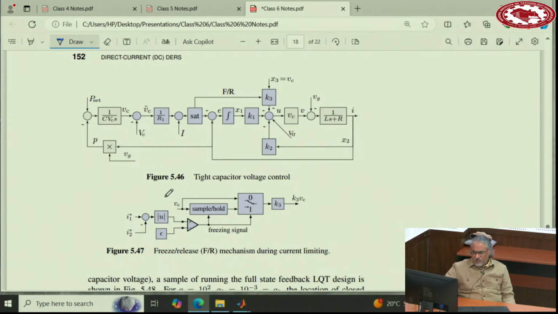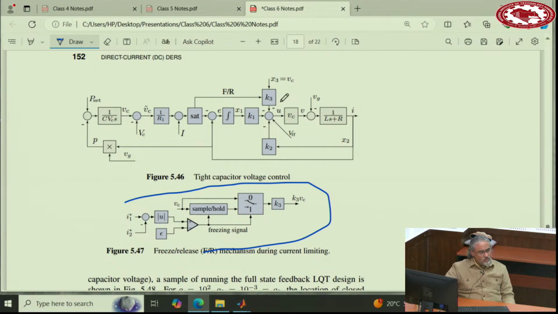Now I'm going to explain this diagram here. If you look at this full state feedback, this gain particularly, K3 into VC, we have to exercise caution here. During current limiting, whenever the system goes into current limiting mode, we have to actually disable this block.